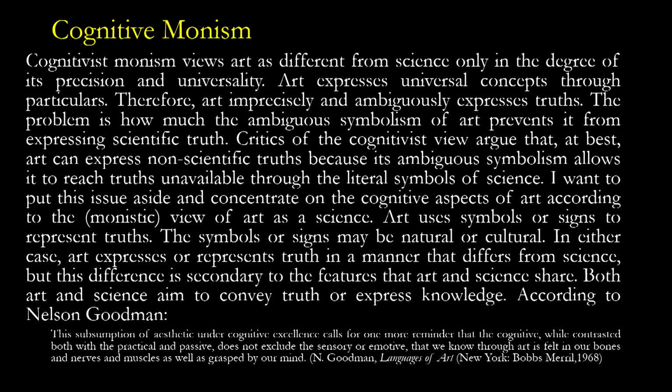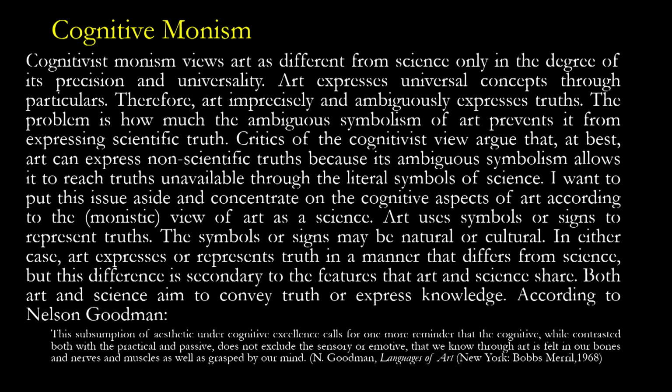Cognitive monoism. Cognitivist monoism views art as different from science only in the degree of its precision and universality. So, cognitive monoism says that science is precise, but art is also precise. Only in their degree of precision do they differ. Art expresses universal concepts through particulars, therefore art imprecisely and ambiguously expresses truth.